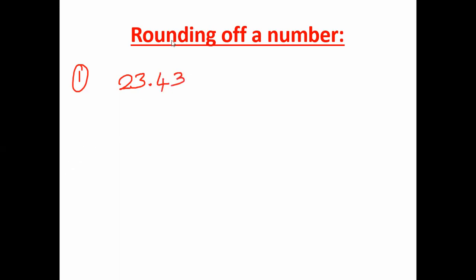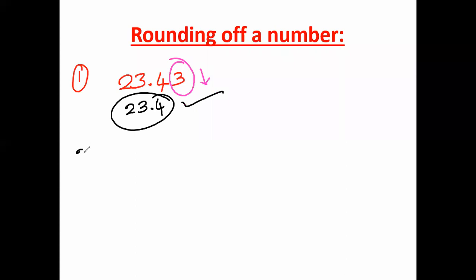I have to round it off to 3 significant figures, meaning I want only 3 numbers. So I am going to drop the 3. While dropping, as 3 is less than 5, it won't be counted. So 23.4 only is correct.